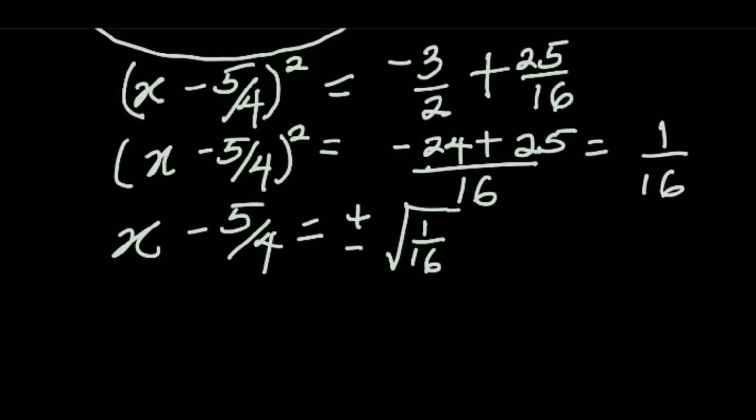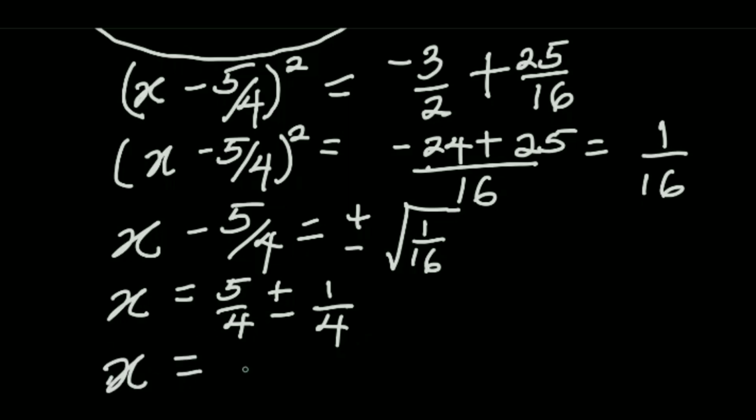And so, solving this further, x will take minus 5 over 4 to the right-hand side, equals, it becomes plus 5 over 4, plus or minus, the square root of 1 is 1, the square root of 16 is 4.